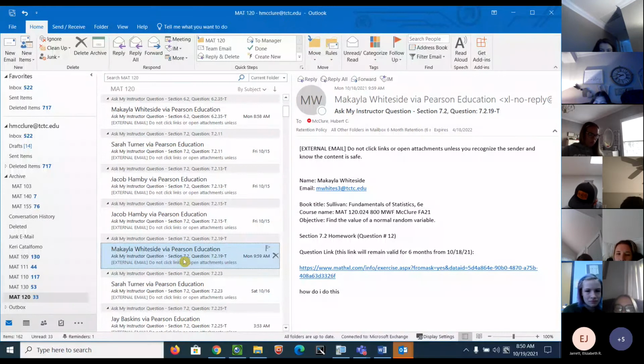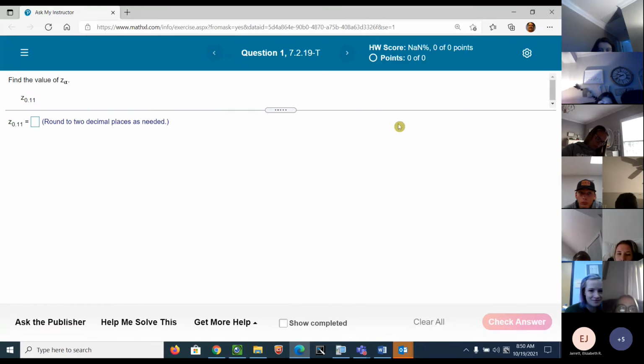I do not agree with the way this one is written. This is the complement of 0.1100. I'm going to write it, but I'm going to disagree with the way it's written.